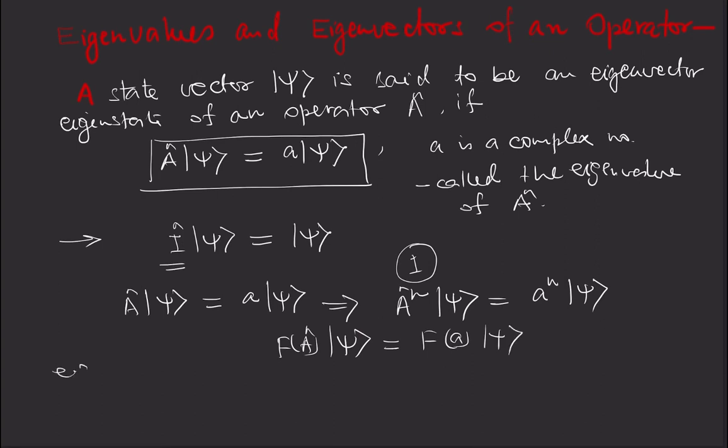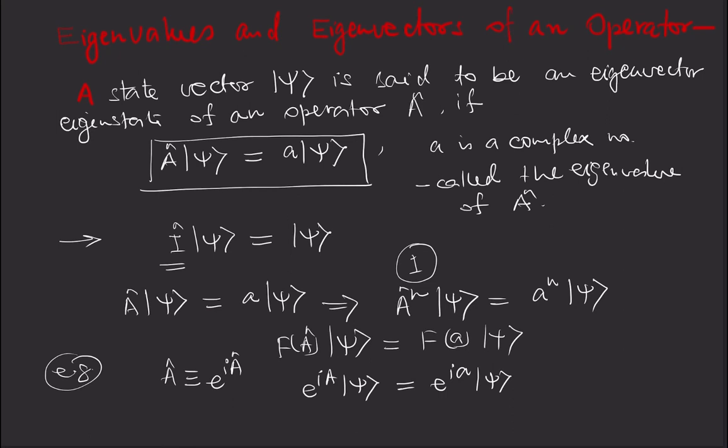For example, if the operator is e to the power i A, then when it is applied on ket psi, it will give e to the power i a ket psi.